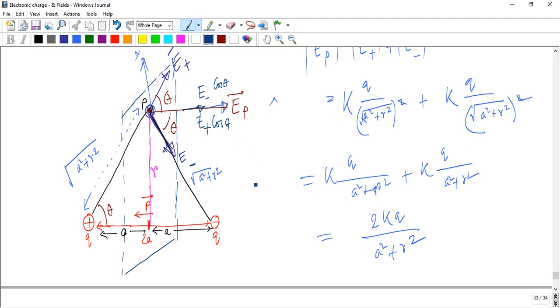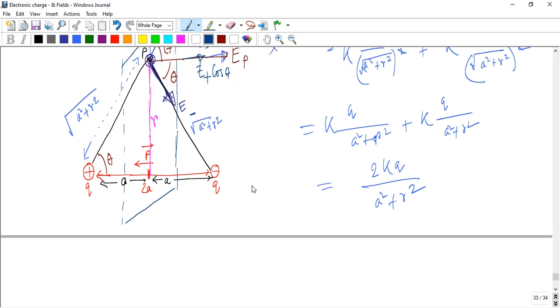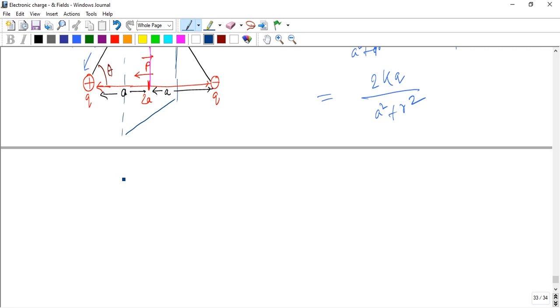So we get EP as E plus cos theta and E minus cos theta.